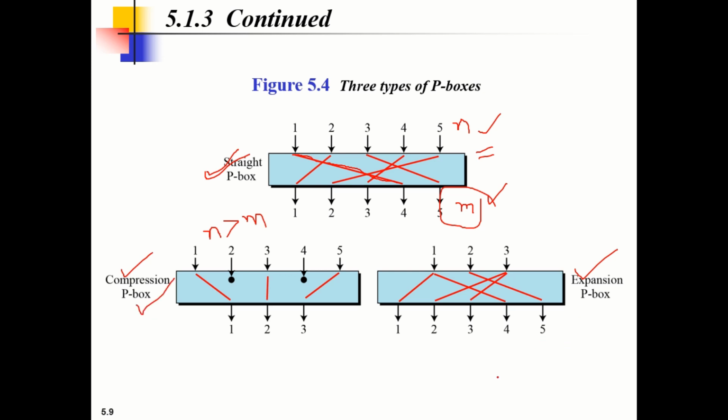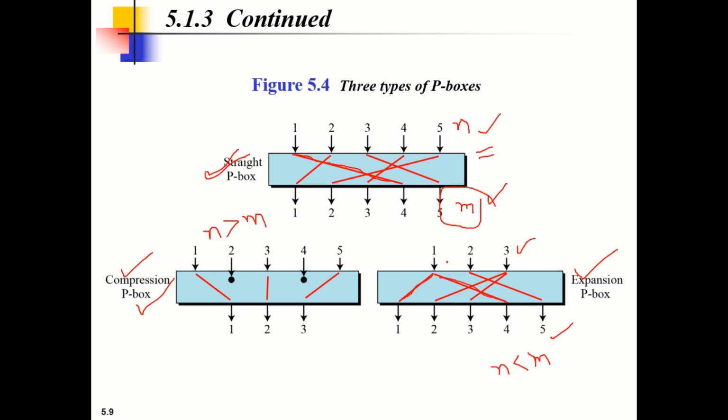In expansion P box, what happens? The value of n is less than m. So the number of inputs is less than the number of outputs, and more than one input is connected to one or more outputs.